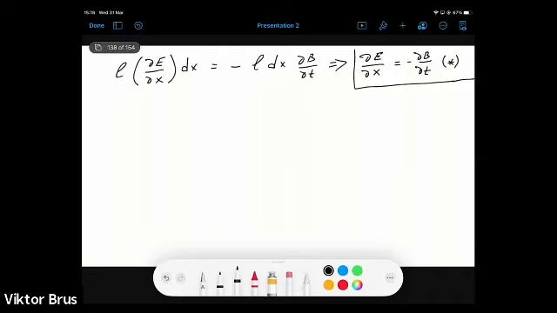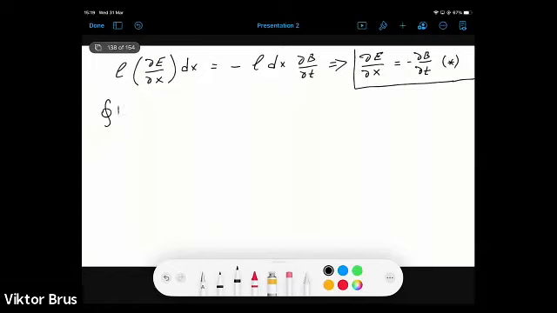Now let us go further. In order to get the second equation, we need to consider the Ampere-Maxwell law, which is the fourth Maxwell equation. Let us write it down so we know what we are dealing with.